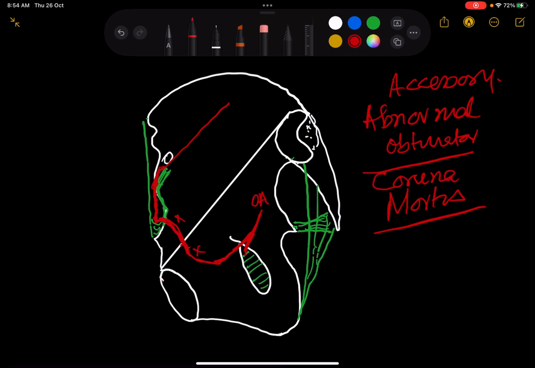So, we have covered the major ligaments: the inguinal ligament, the lacunar ligament, the pectineal ligament, the ligamentum reflexum, the abnormal obturator artery, the corona mortis, and the sacrotuberous and sacrospinous ligaments.